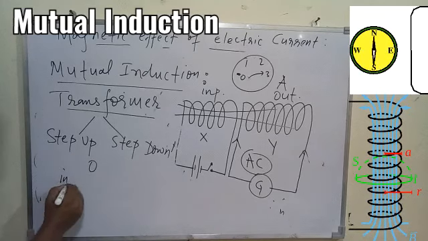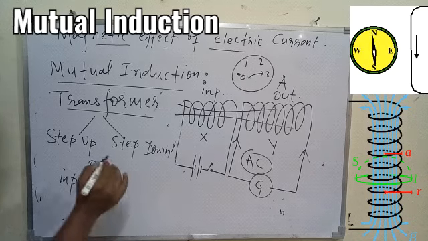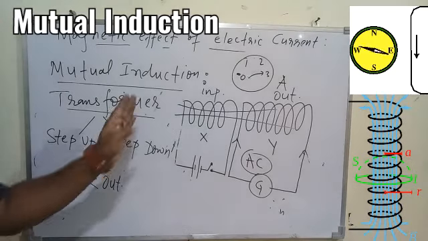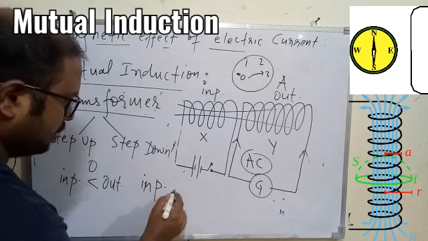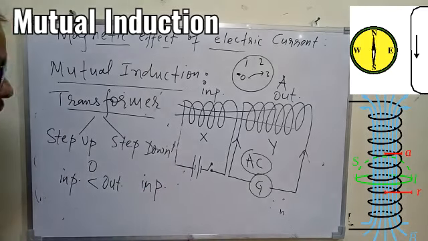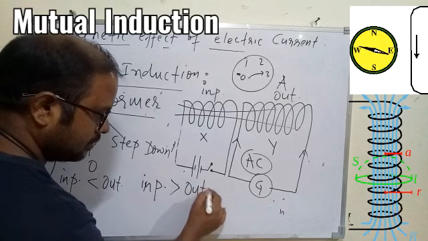So here the input current will be less than the output current. And step down is from high to low, so the output will be less than the input.